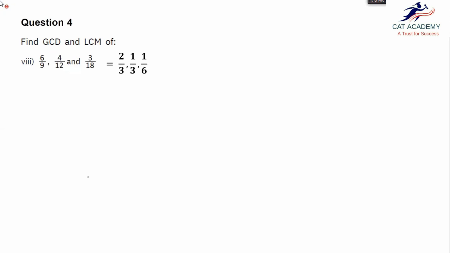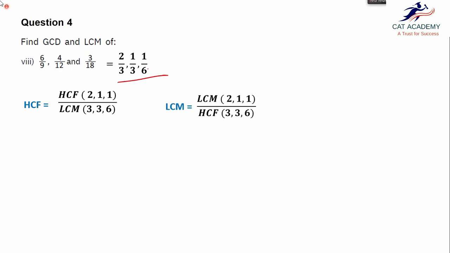So after reducing, the numbers are like this, and then I can go for calculation. So HCF will be HCF of 2, 1, 1 upon LCM of 3, 3, 6. That is 1 upon 6, and LCM will be LCM of 2, 1, 1 upon HCF of 3, 3, 6. That is 2 upon 3. No, Richa, still reduction is possible.